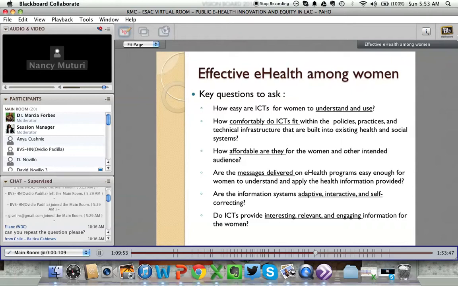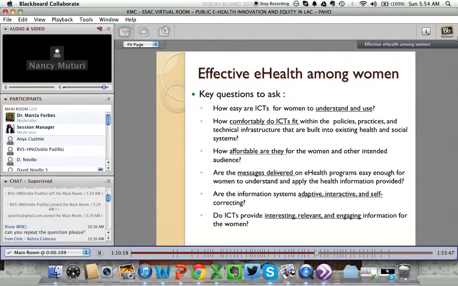So regardless of the device, whenever we use it, keep that in mind. How comfortably do these communication technologies fit within the policies and practices? That is very important, because it's not just disseminating information and asking people to use them, but looking at how they fit overall. How affordable can they be? And again, in terms of cost and capability, that is important.